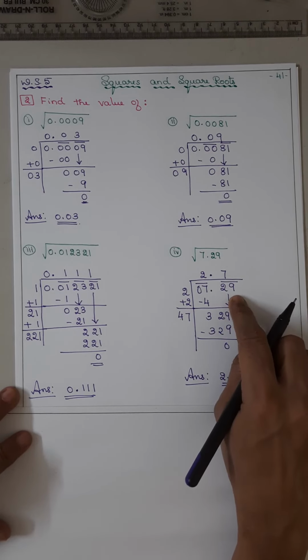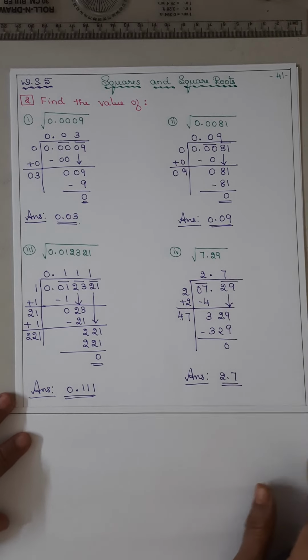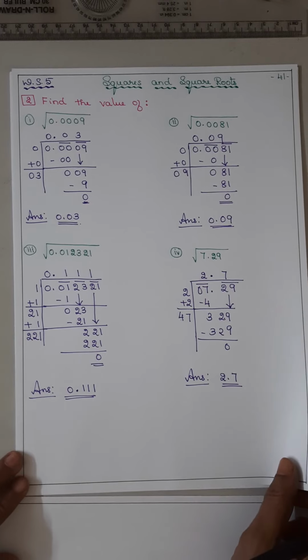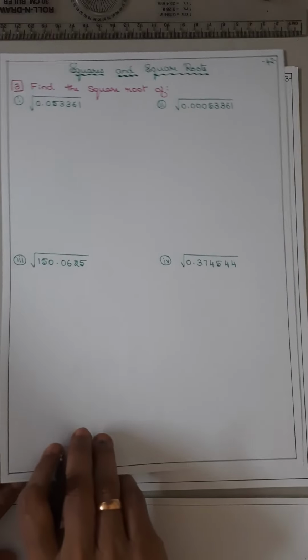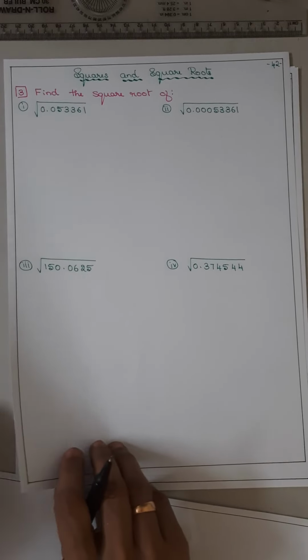The square root of 729 is 27, and for 7.29 it is 2.7. Is it clear? So that was about question number 2, subdivision 4. Now coming to the third sum.